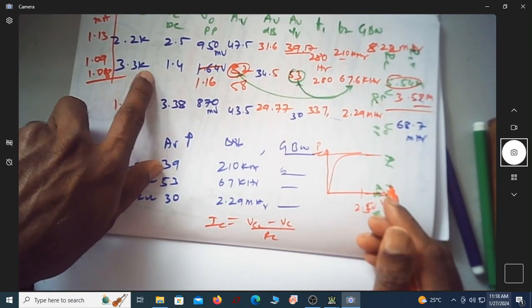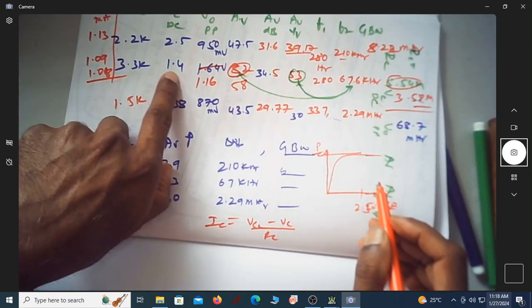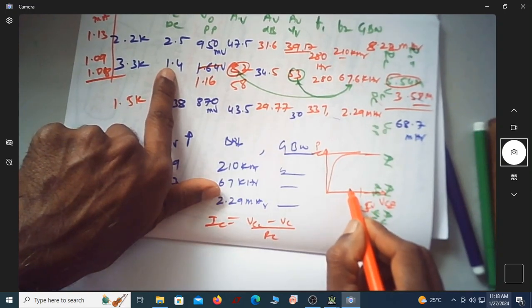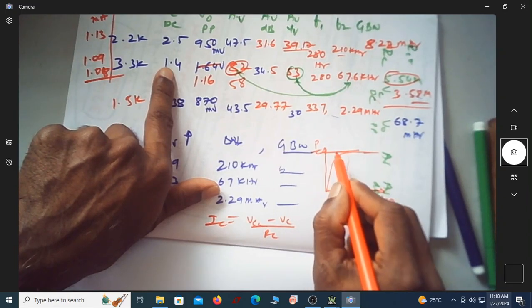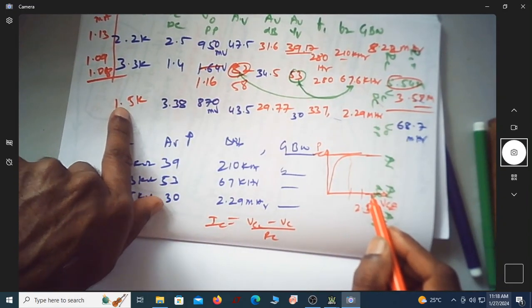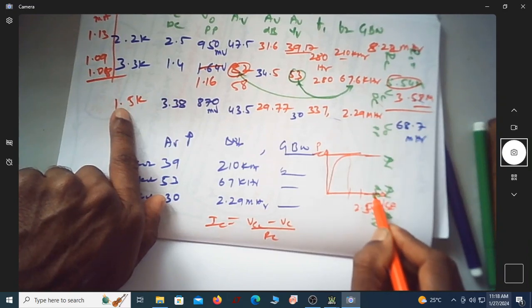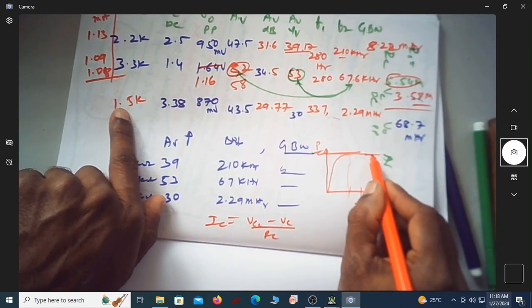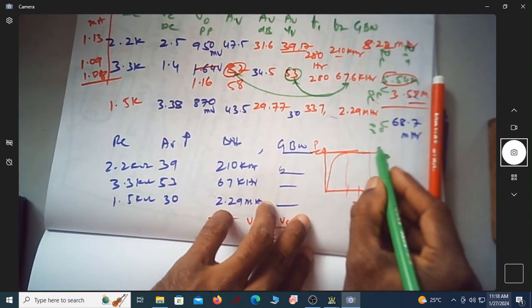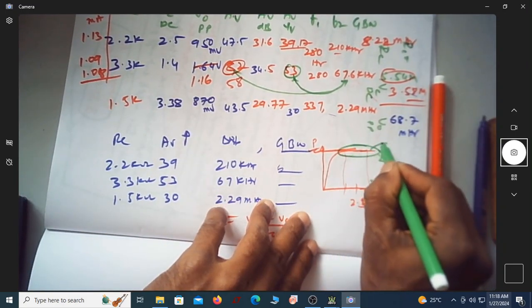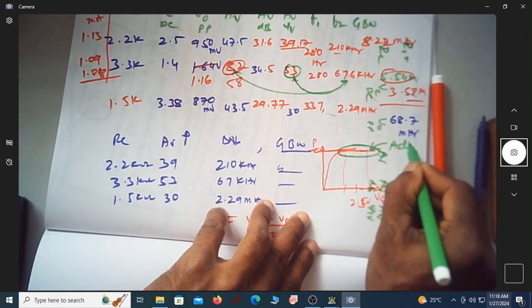When you increase the value of RC to 3.3K, VC has reduced to 1.4, but you can see the IC is almost remaining constant. Now when you reduce RC to 1.5K, VC has gone to 3.38, but you can see current still remains the same.